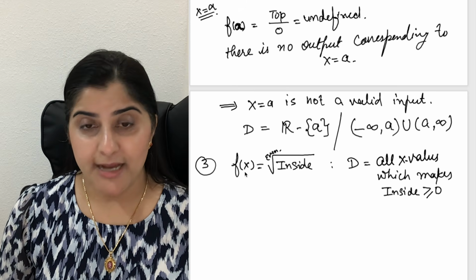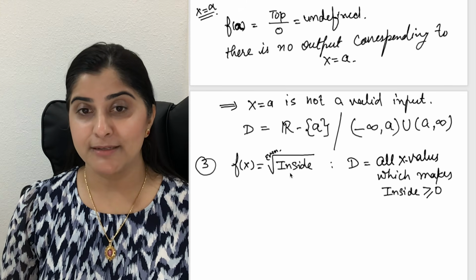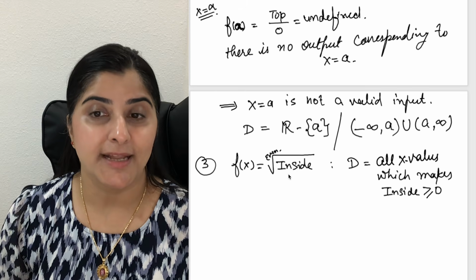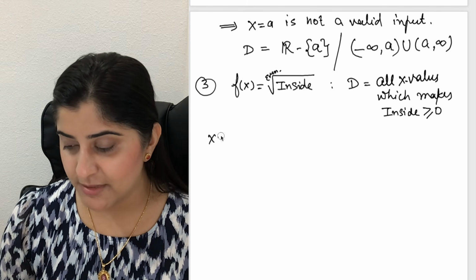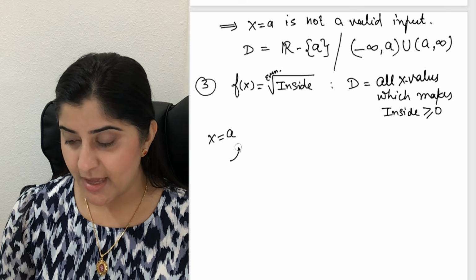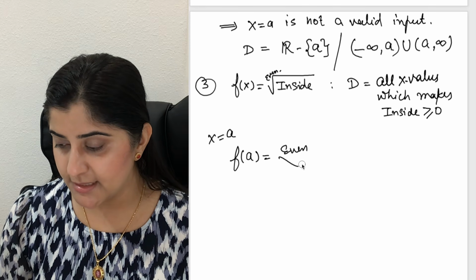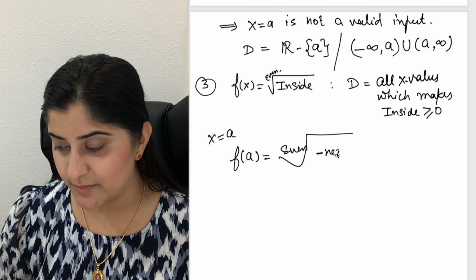Suppose for any x value this inside expression becomes negative, then the square root of a negative number is not a real number. We don't get any output back. So what I mean to say is, suppose x is equal to a, and you input this x is equal to a in this expression, and you get a negative number here.